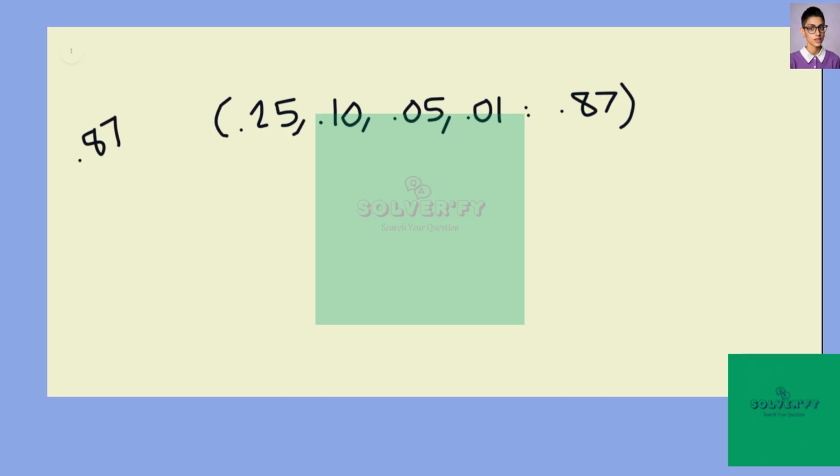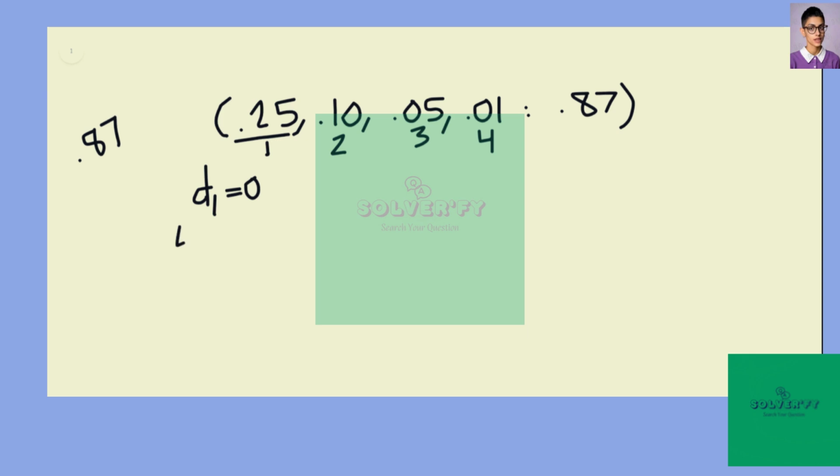Okay, so we'll start with the quarters. We're starting with our first coin, and we'll set D1, so this would be 1, 2, 3, and 4 for our indexes. We'll set that equal to 0 initially.